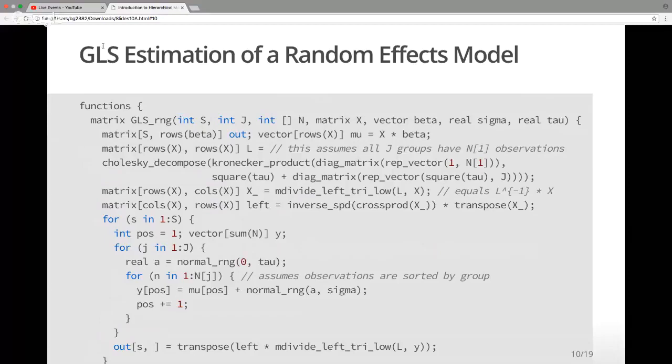In general, you can have different numbers of observations per group. That makes the coding a little bit more difficult. So in this example, I'm assuming that all J groups are going to have the same number of observations in them. We have a matrix X of predictors. We have a vector beta, which serves as the coefficients on the columns of the matrix X. We have a standard deviation of the errors in the outcome variable, sigma.